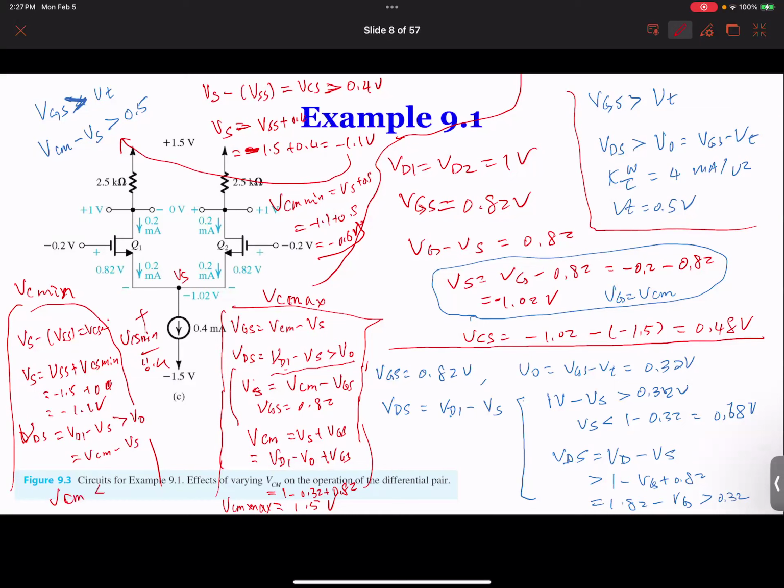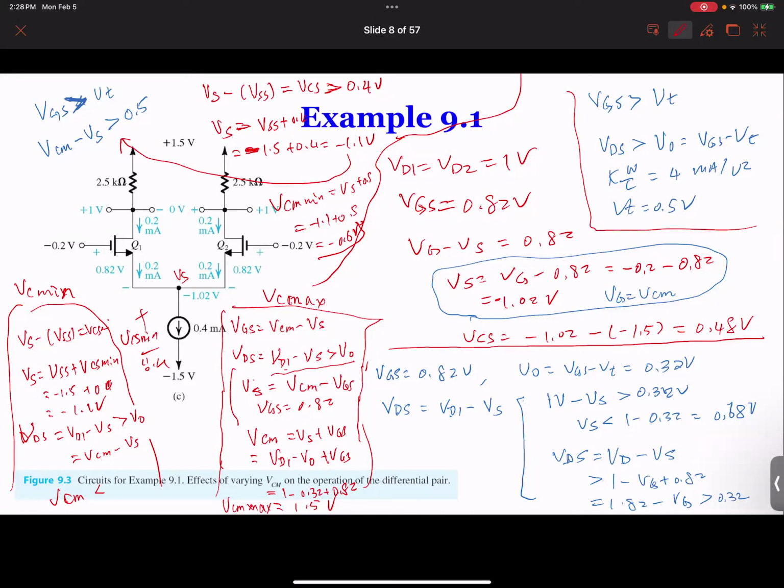The calculation has to be that the voltage VGS, so VG minus VS, is the overdrive voltage. So VG is VCM. So VCM minus VS, where VS is minus 1.1. So VCM minus 1.1 has to be... then VD is VD1 minus VS. 1 minus VS has to be larger than VCM.